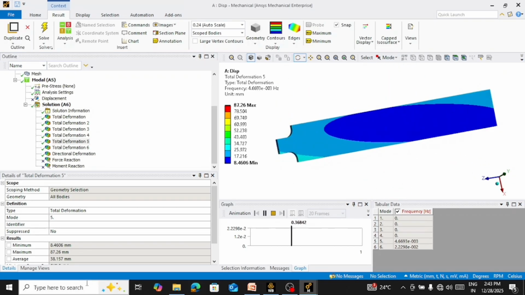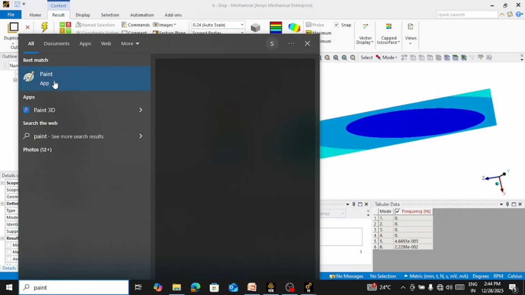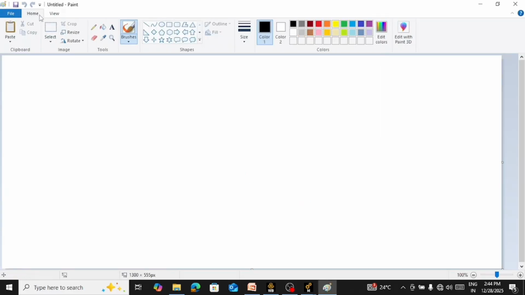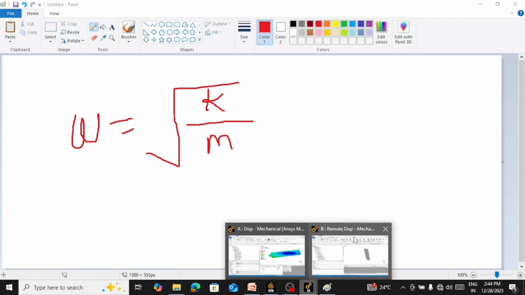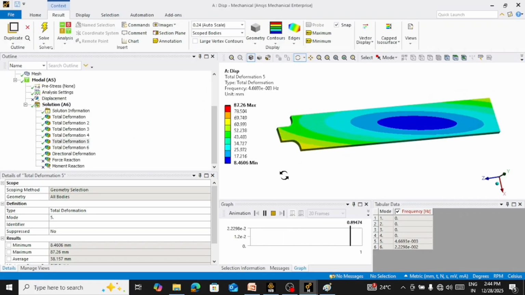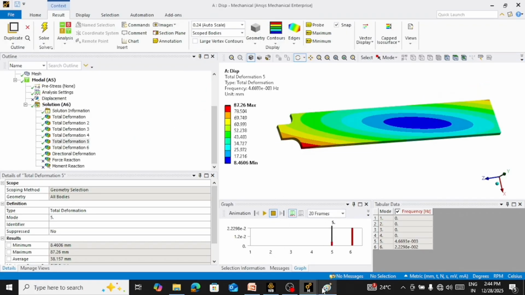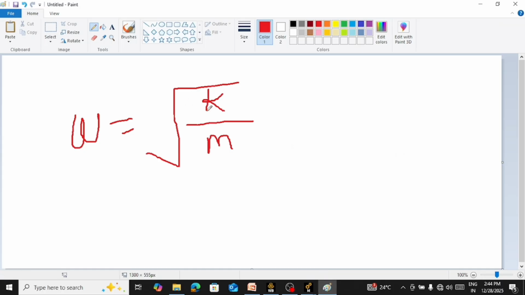Okay, because if you look at it, your natural frequency is equal to the square root of stiffness by mass, and since this plate is not constrained from any point, it is free in space, there is no force required to move it in any direction, so that's why in space the stiffness of this is 0.